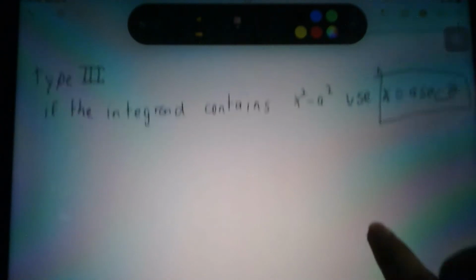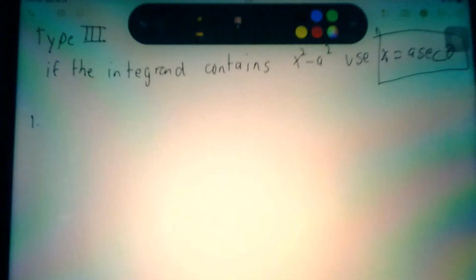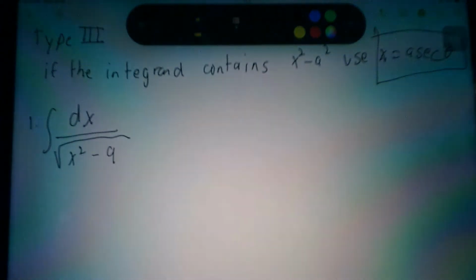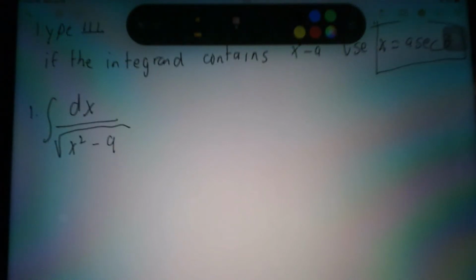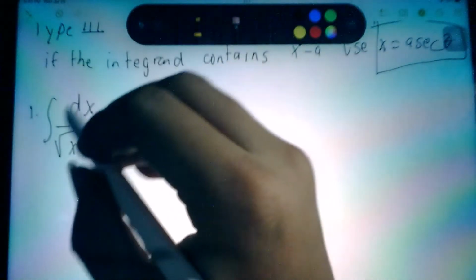So let me give you an example in order for you to understand. This is our example for type 3. The integral of dx over square root of x squared minus 9.